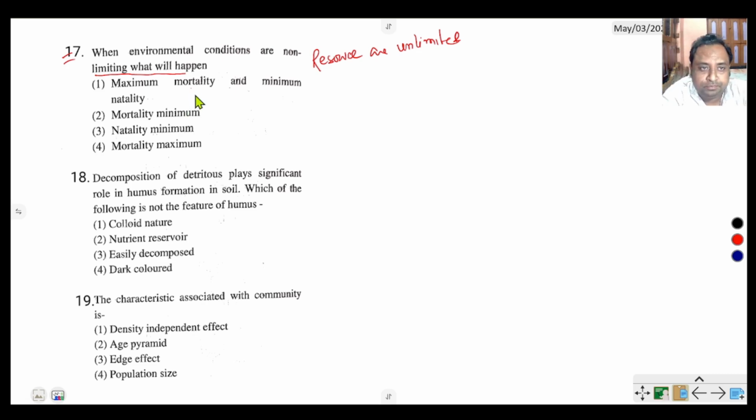Mortality means death rate and natality means birth rate. So when environmental conditions are not limited, mortality is minimum, meaning death rate is minimum, but maximum rate of natality.